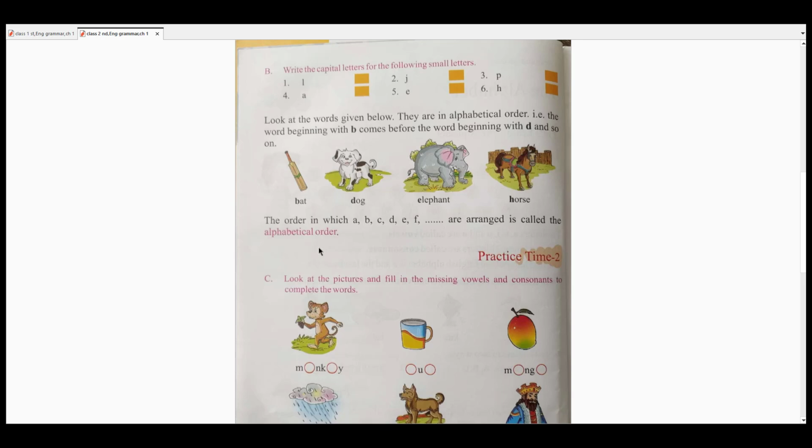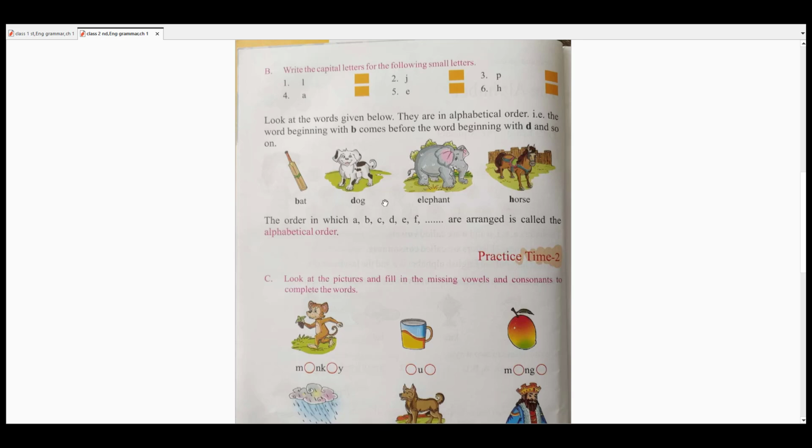For example, he has given an example. First bat comes, okay, because the first letter of the word bat is B. After B there is no C, so D comes. In the word dog, D is the first letter, so after bat dog comes. And after that elephant comes, because E comes after D, and H comes after that, hence horse comes last.